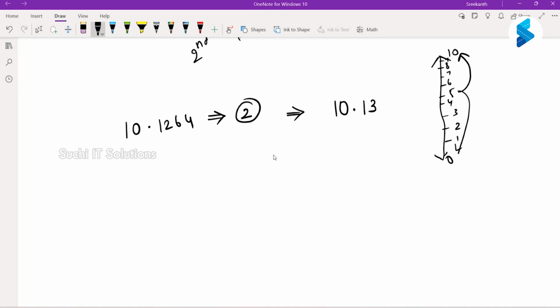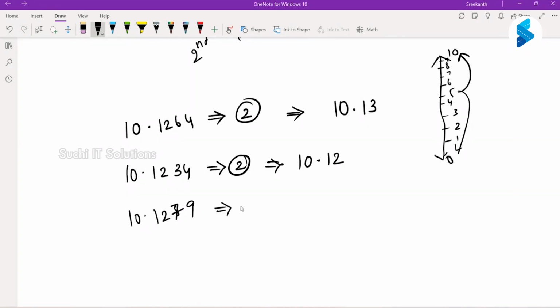So 10.1234 rounded to 2 decimal points would be 10.12. If I say 10.1279, rounded to 2 decimal points it would be 10.13.